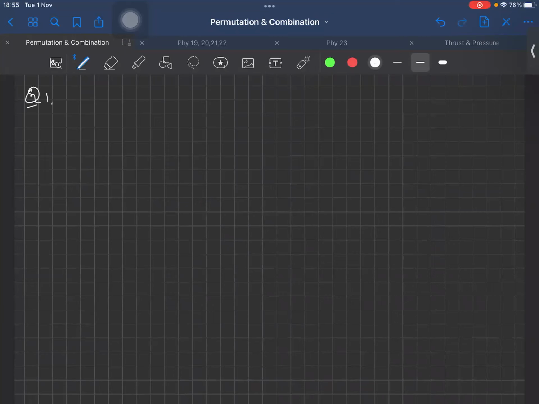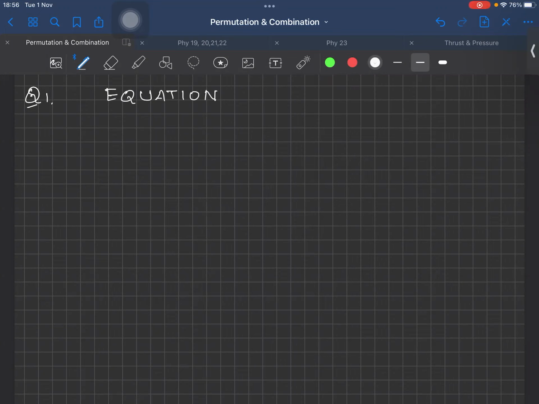In how many ways can the letters of the following word be arranged? I'm giving you the word EQUATION. You have to find in how many ways these letters can be arranged, with or without meaning, doesn't matter.